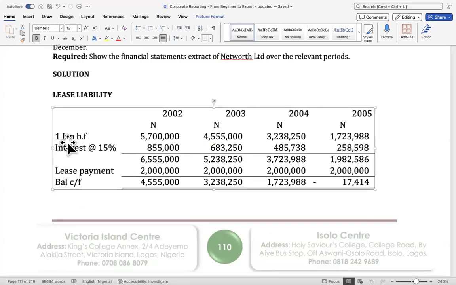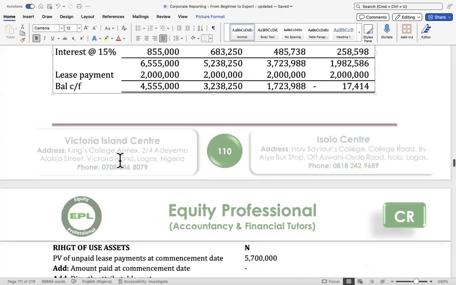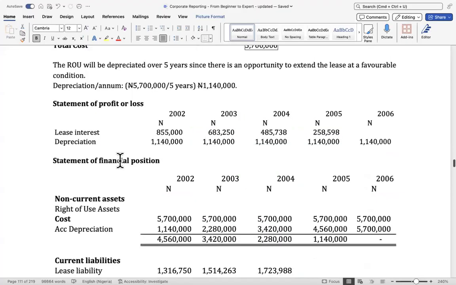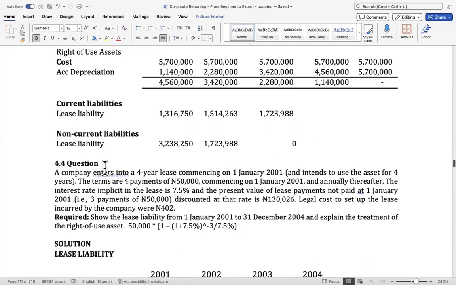I told you that the reason interest comes first is because the lease payment is made at the end of every year. If you had switched it, we won't get the same answer. And I solved another question where lease payments were deducted before we added interest, and that's a scenario where the lease payment is made at the beginning of every year.